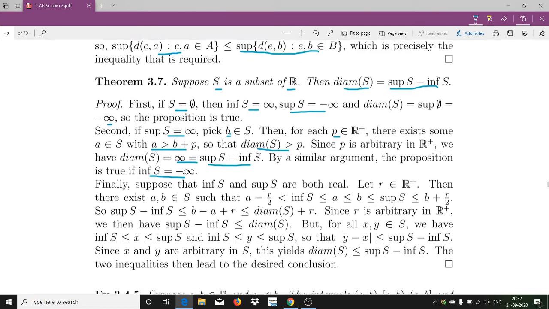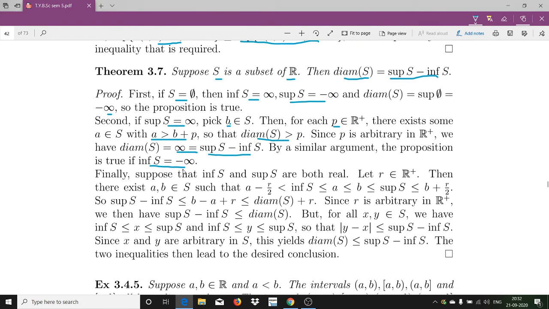Now we will come to the case where both the supremum and infimum are finite real numbers. So I have written: suppose the infimum of S and the supremum of S are both real numbers, that means they are finite. You take a positive real number r, an arbitrary positive real number r. Now by the definition of infimum, if you add a small quantity to the infimum, it will not remain a lower bound, correct?